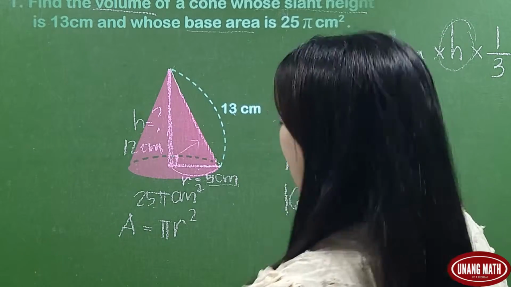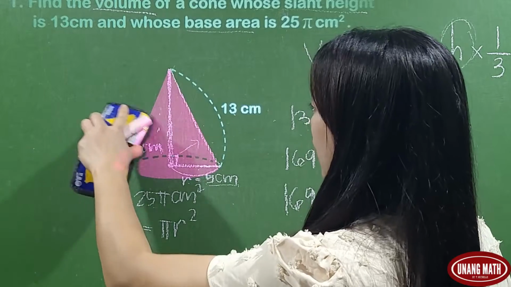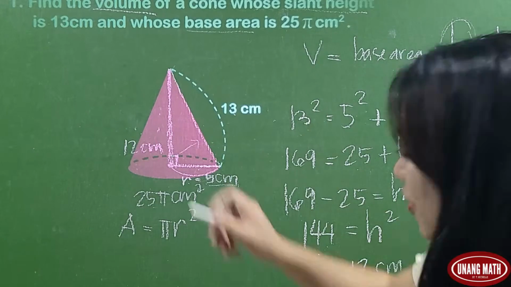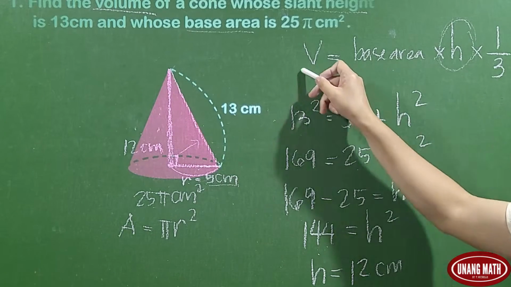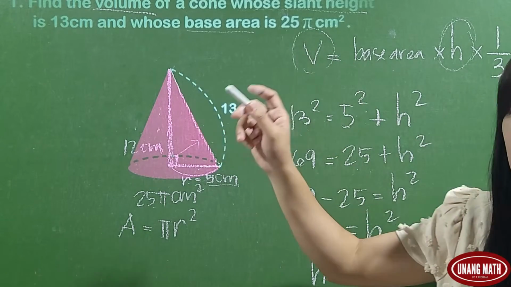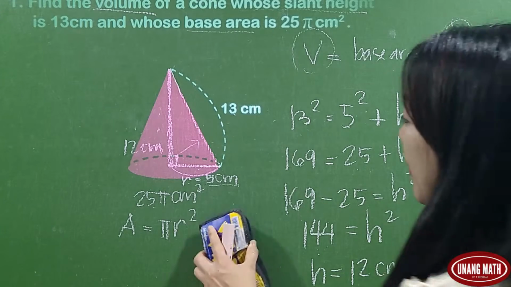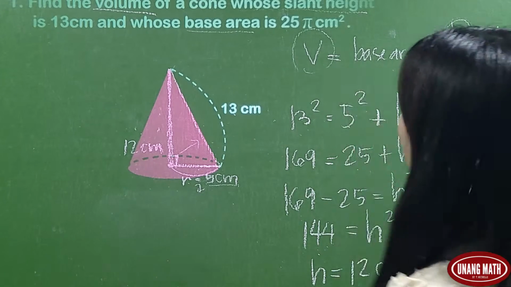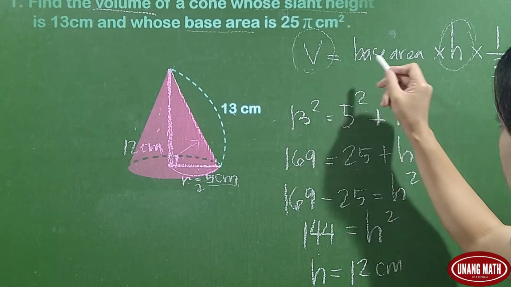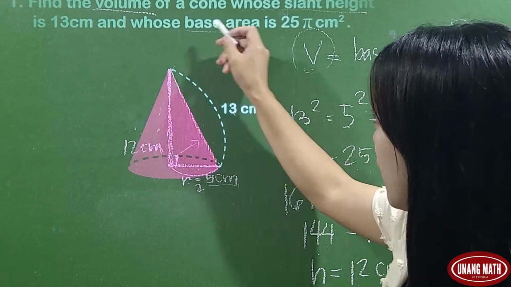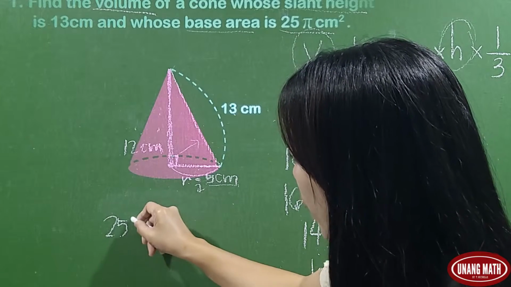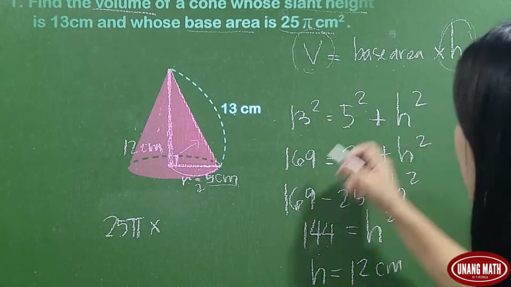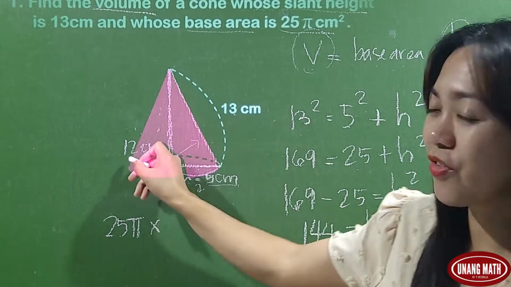centimeters. Okay, now that we know the height of this right triangle and also the height of this cone, we can now find the volume of this cone. So we are going now to use the formula volume that would be equal to the base area. It's given that the base area is 25 pi squared centimeters. So we have 25 pi times the height, which is 12 centimeters.